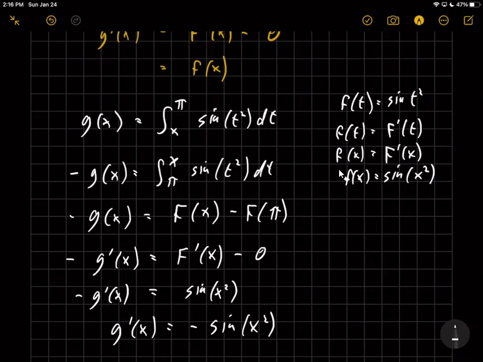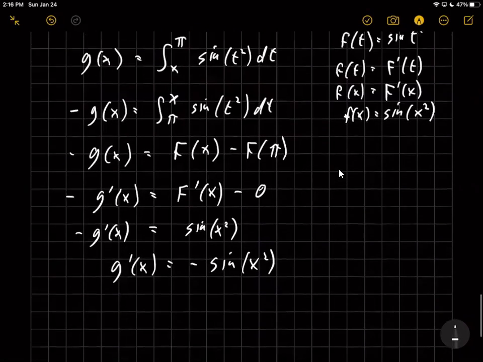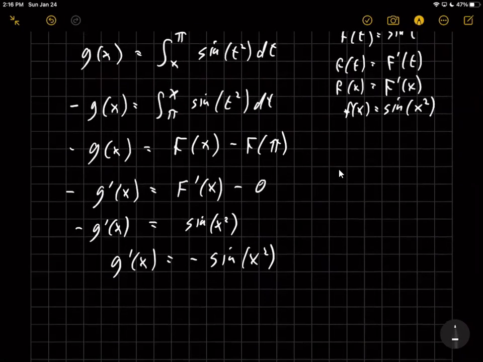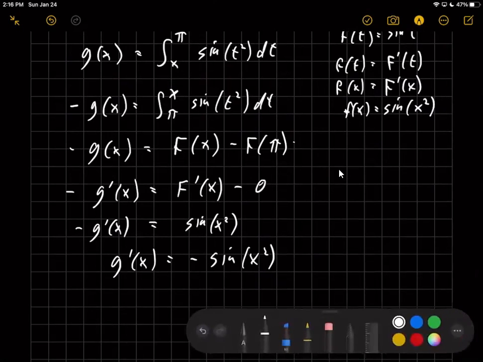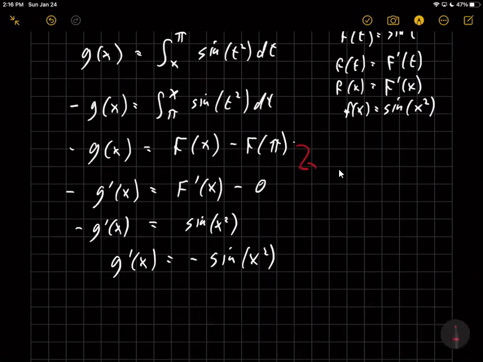You also could have just not put the negative in, not flipped the limits, and said this would have been g of x in this step right here. G of x is equal to big F of pi, the antiderivative, minus big F of x.